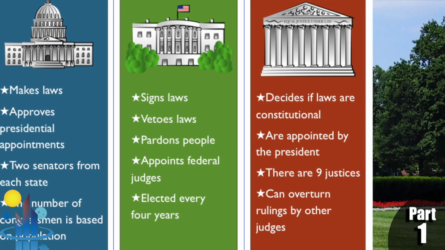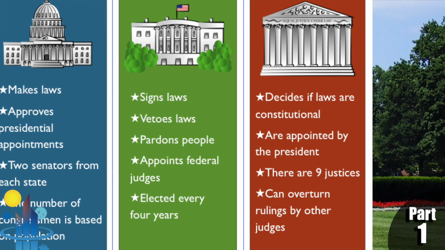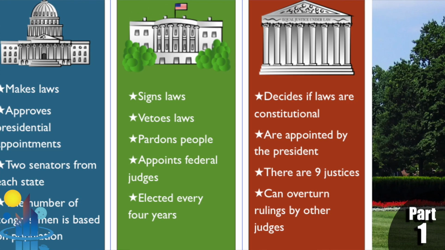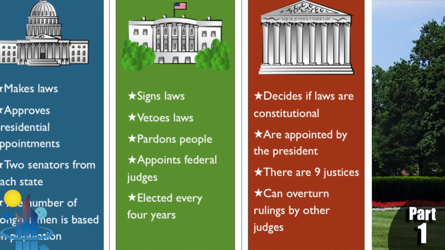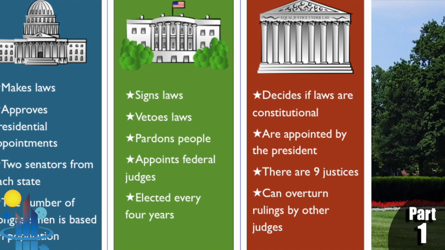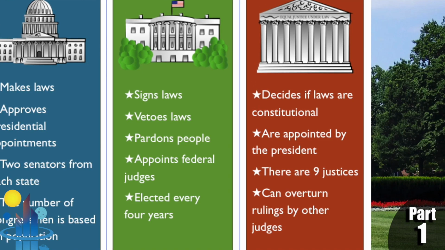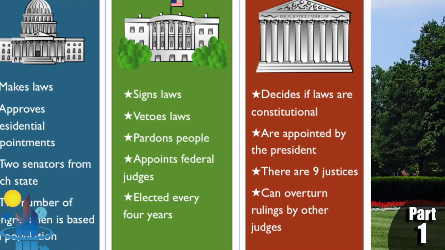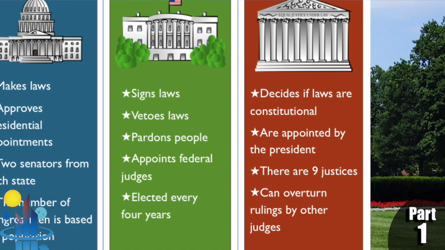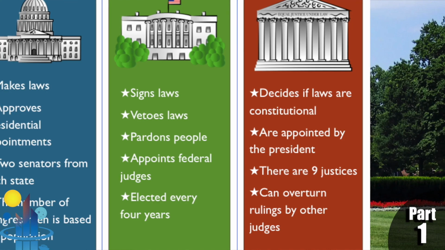His name is John Roberts. They can serve for life or until they retire. Who nominated him? That was President George Bush, and he took his seat on September 29, 2005.